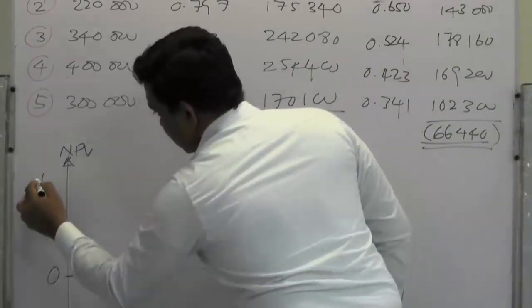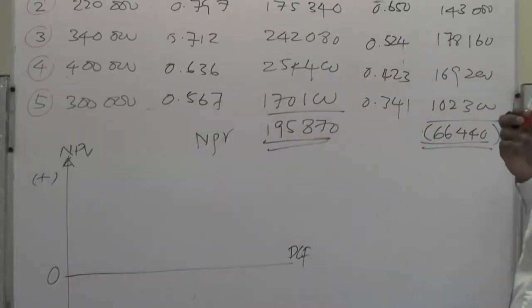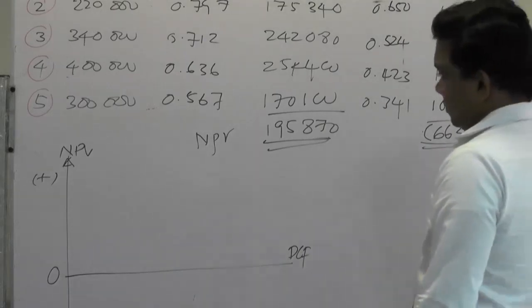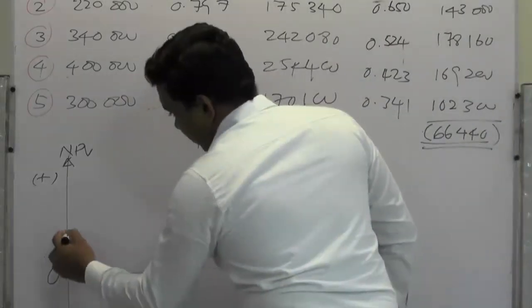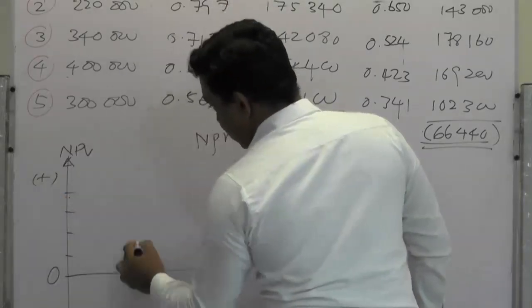Here 0, plus values, minus values. Now you can see that at 12% it is 195,000, right? Let's take 50,000 by 50,000, then 195,000 at 12%.